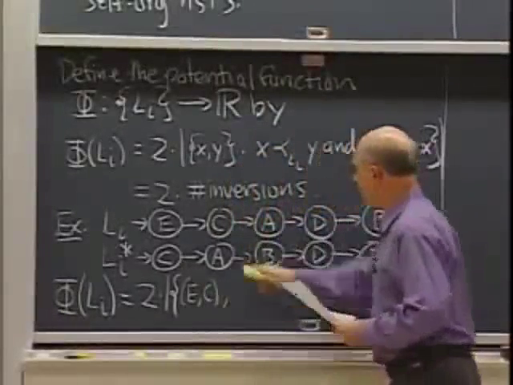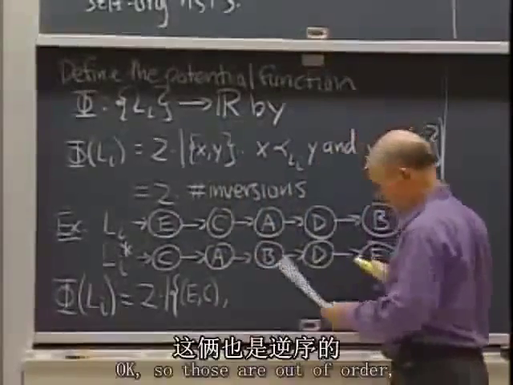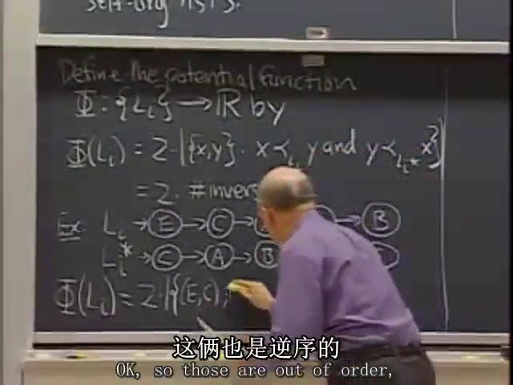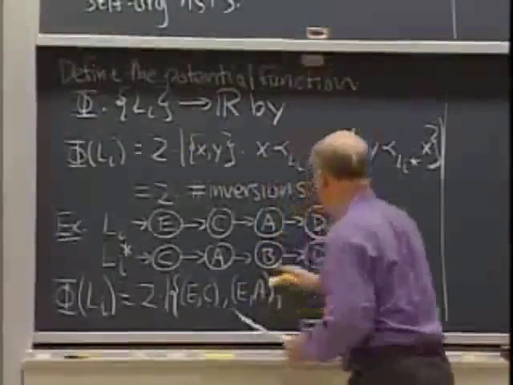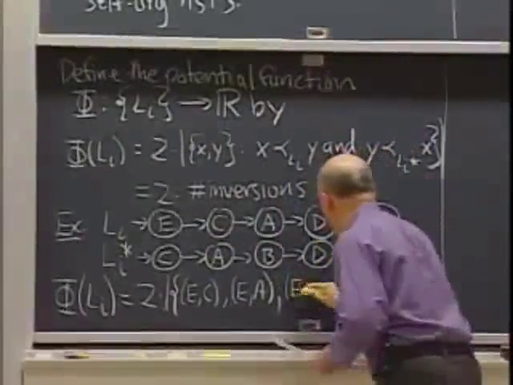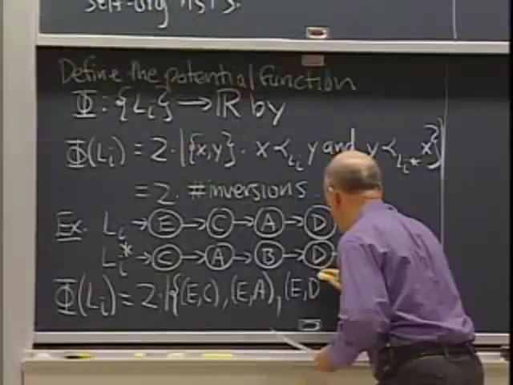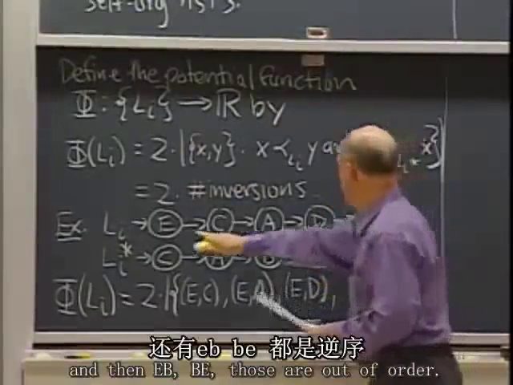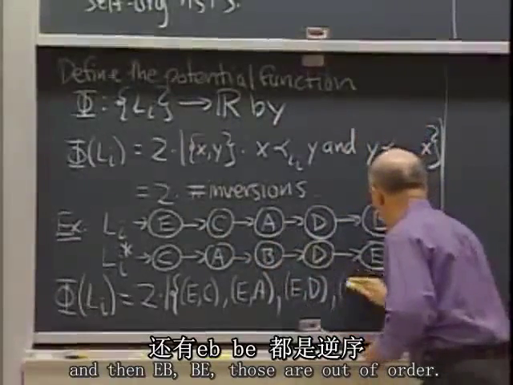Okay? And then E and A, A and E. Those are out of order. And then ED, DE, out of order. And then EB, BE, those are out of order.